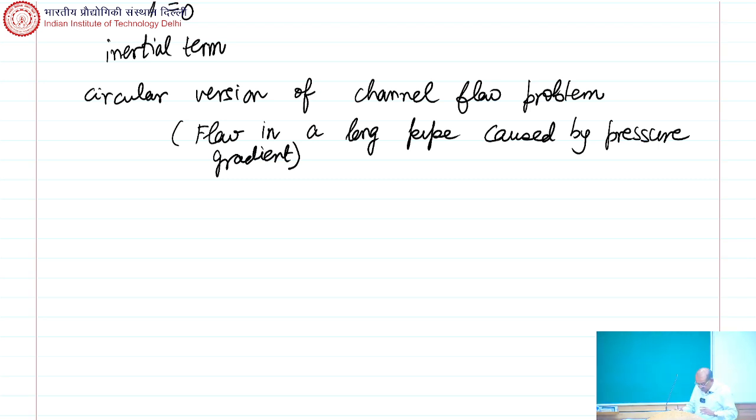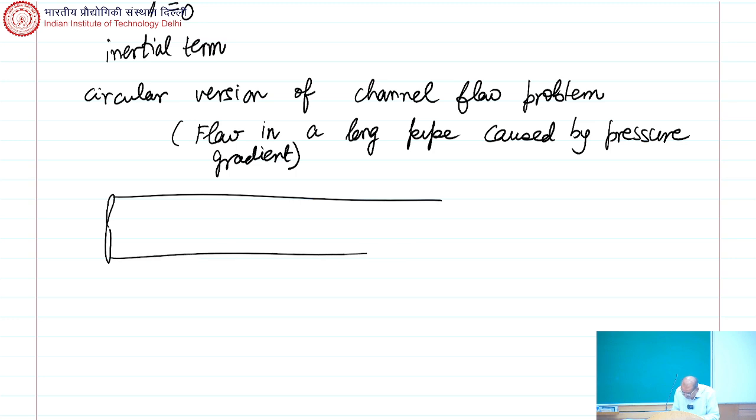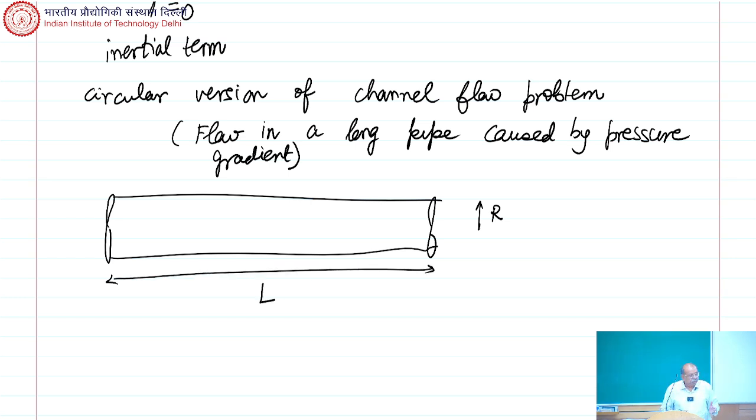So if I look at the geometry of the flow, this is the first thing which you should try to see. There's a pipe of radius r and length L, in which we have flow in the axial direction.